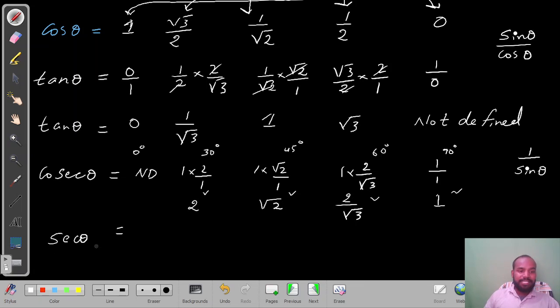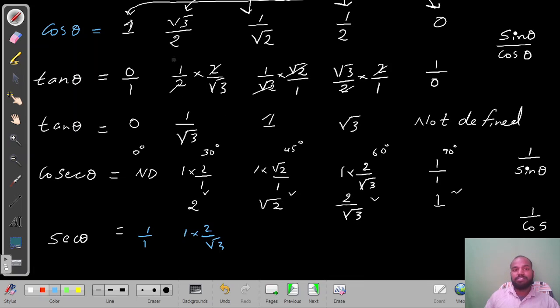Now sec is nothing but 1 by cos. You already know the cos values, right? Now 1 by cos: 1 by 1 is 1. For your clarity, I will write it as it is. Next one, 1 into 2 by root 3. So 1 by cos, right? What is the cos 30 value?